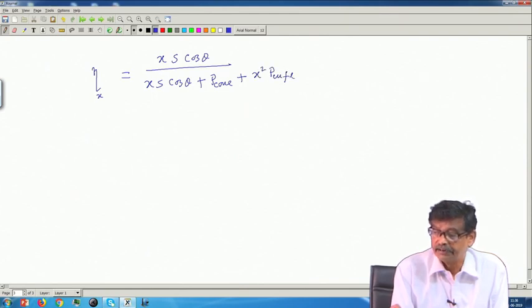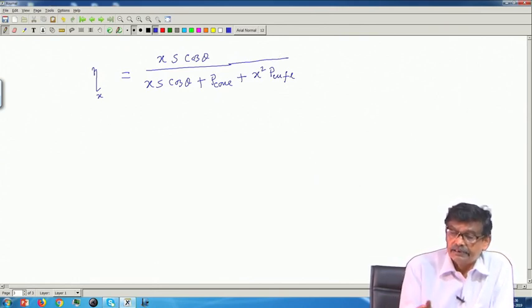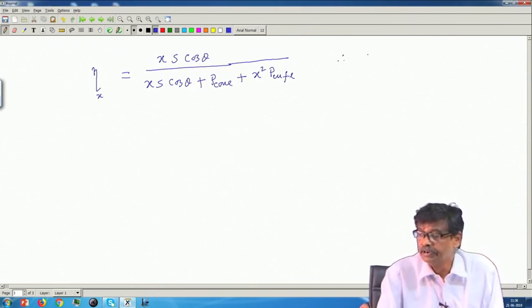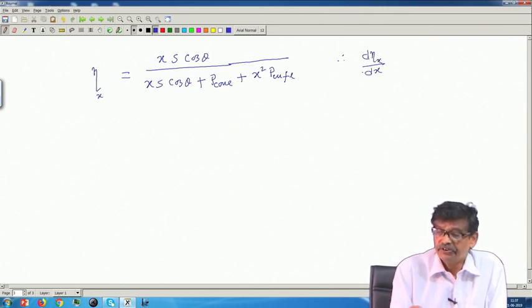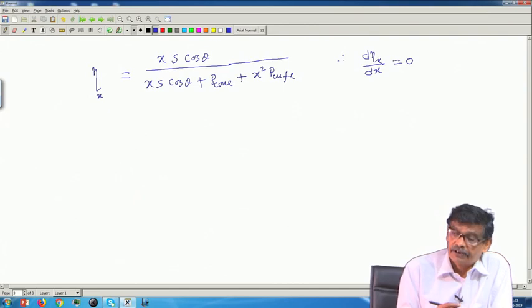This is the expression, and only under the condition that you are varying x, you want to know at what value of x this efficiency is maximum. What you have to simply do is differentiate this expression with respect to x and set it to 0 and get the value of x.